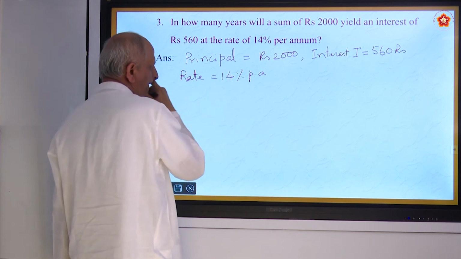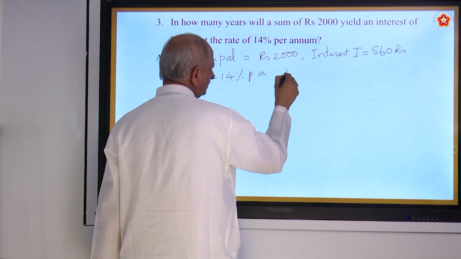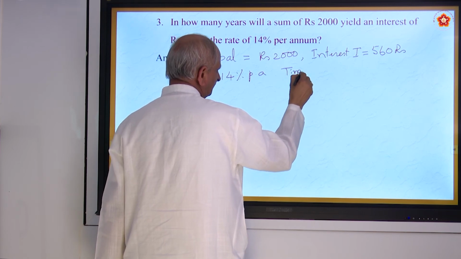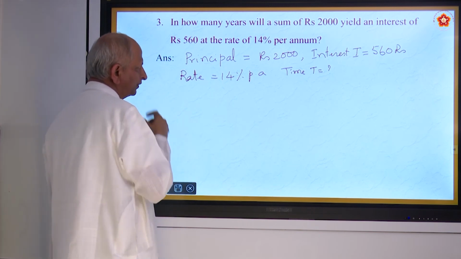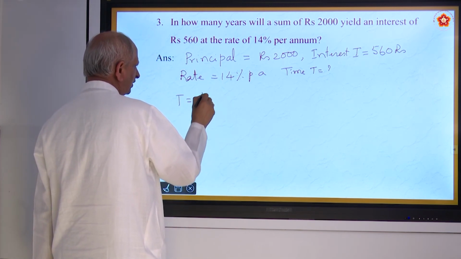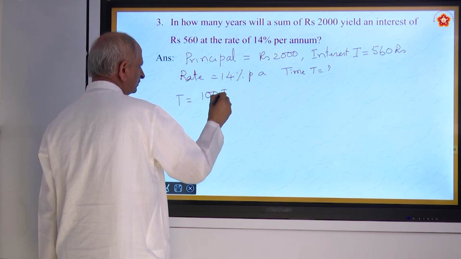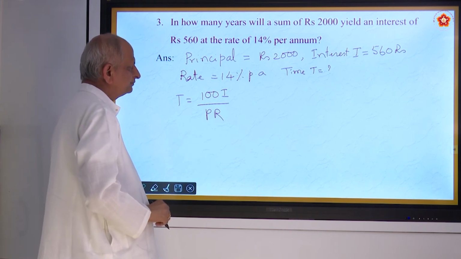PA means per annum. What is asked? How many years? You are asked for the time. Time means how many years. What is the formula? Time is equal to 100 and I up by principal into rate of interest.